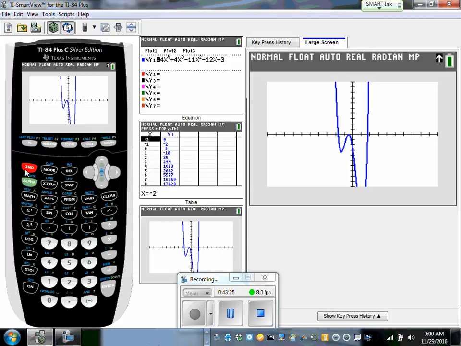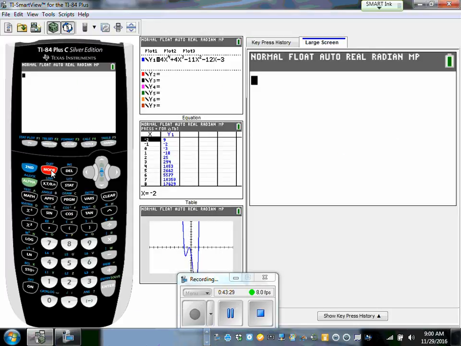If you hit second quit, second mode right next to there, it takes you back to your regular calculator screen. Type in square root of 3, because what it's asking you is what number times itself gives you 3.